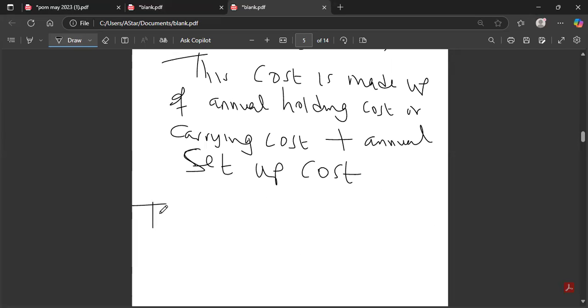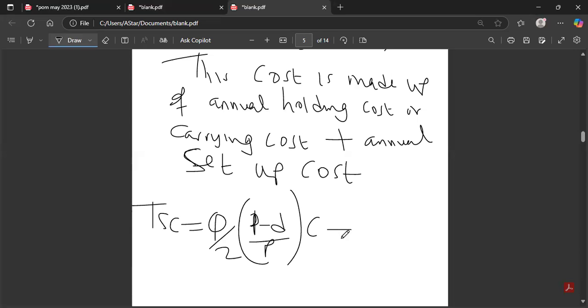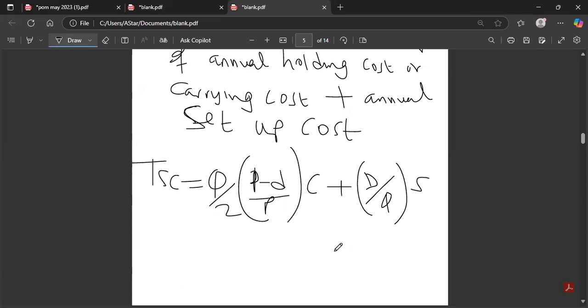So our total stocking cost is equal to Q over 2 times (P minus D) over P, times C, plus D over Q times S. So copy this one here.